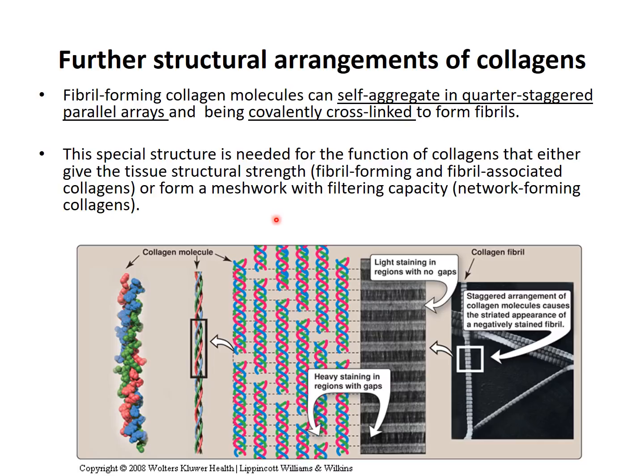So this example that I brought here is typical of fibril forming collagens. You see here the triple helix collagen monomers that are released by the cell. And typical of fibril forming collagens, they self-assemble.